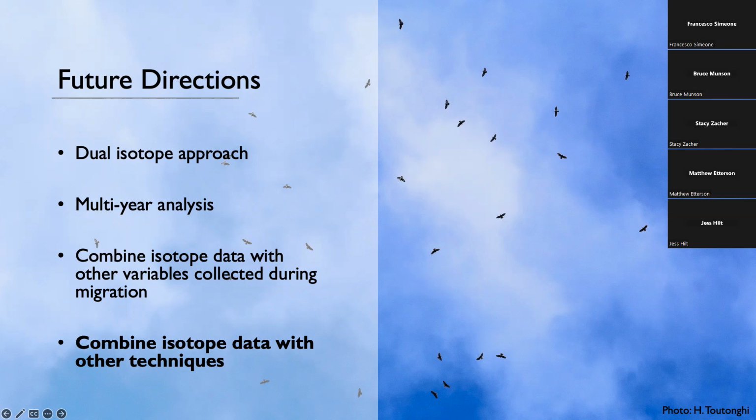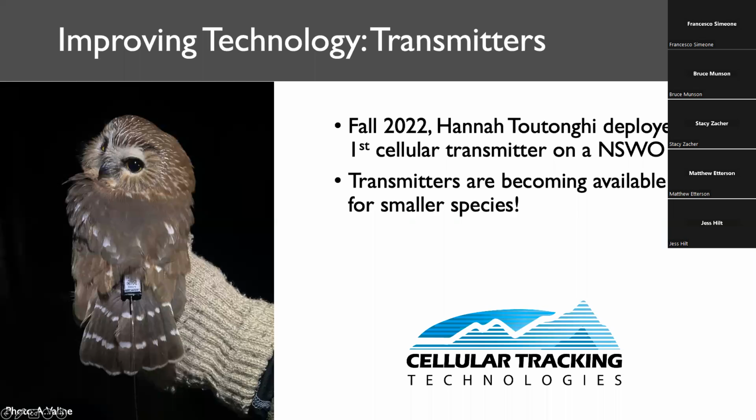One of those obvious techniques is using transmitters. I just wanted to highlight one really cool thing that happened this past fall. Hannah Tutangi helped to deploy the first cellular transmitter on a northern saw-whet owl at Hawk Ridge. Transmitters are becoming available for smaller species, and it is absolutely incredible.